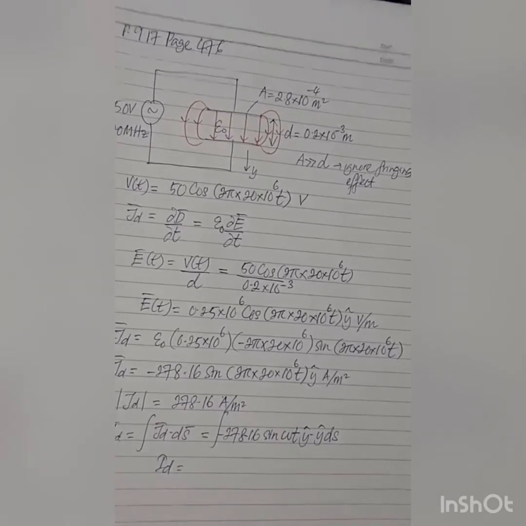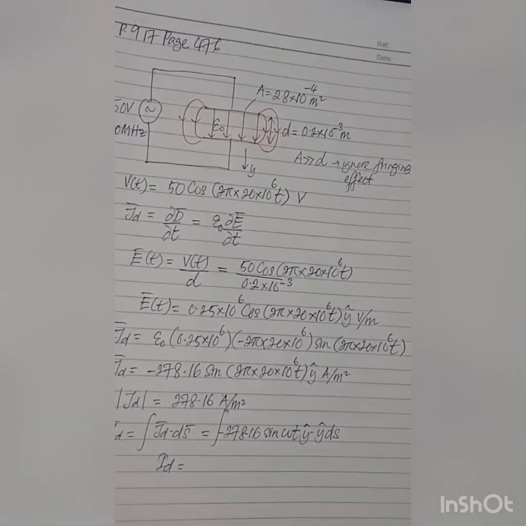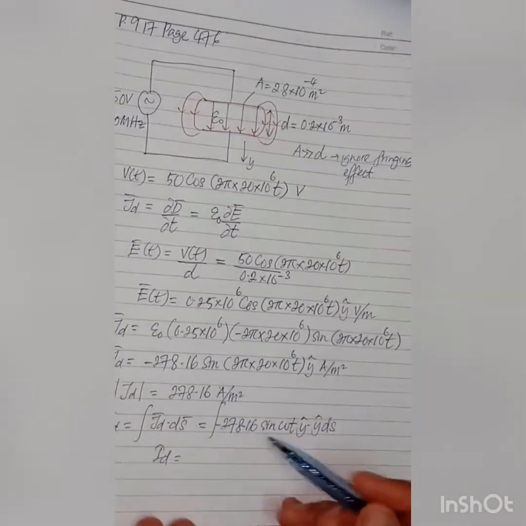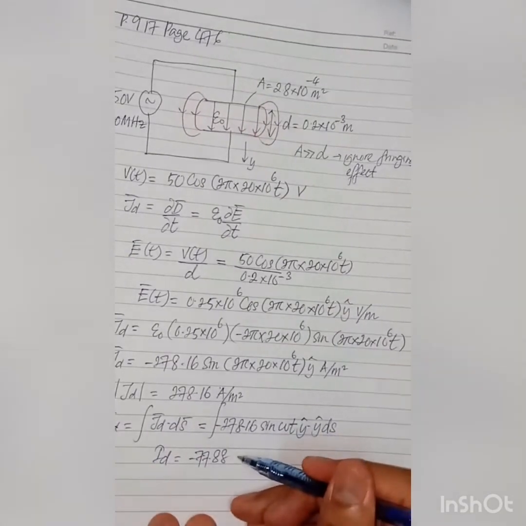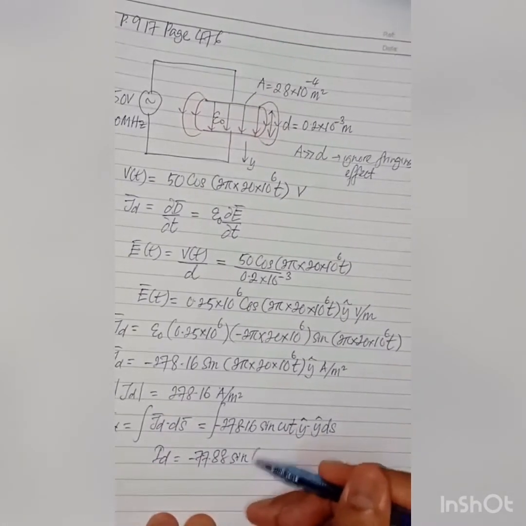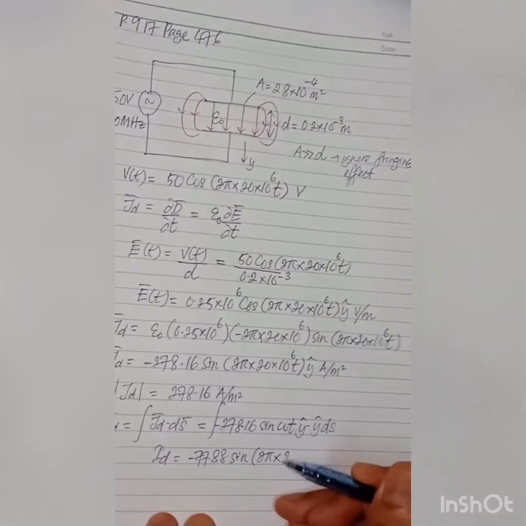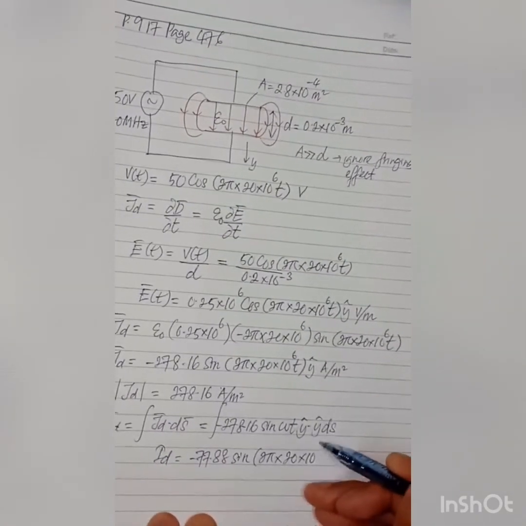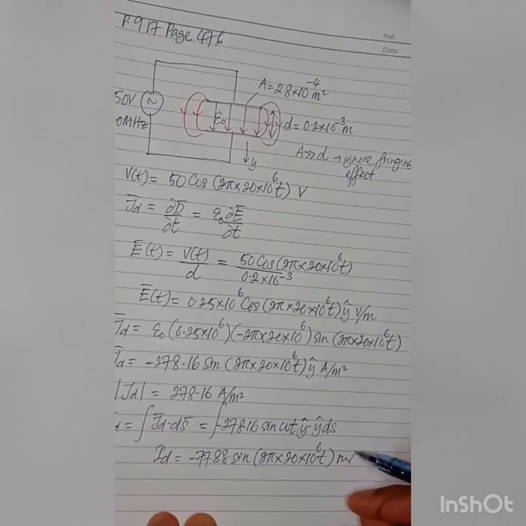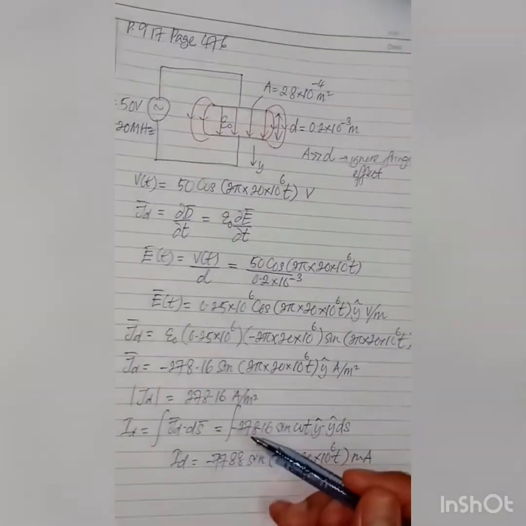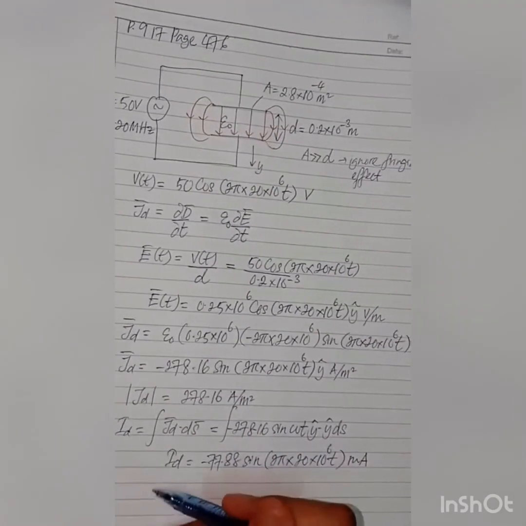We are going to have this value, 77.88, negative 77.88 sine 2 pi times 20 times 10 to the power of 6 t. Now it has unit of milliampere.